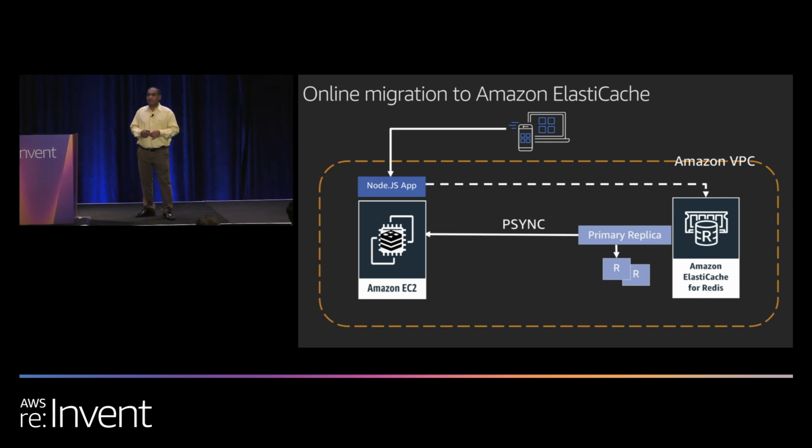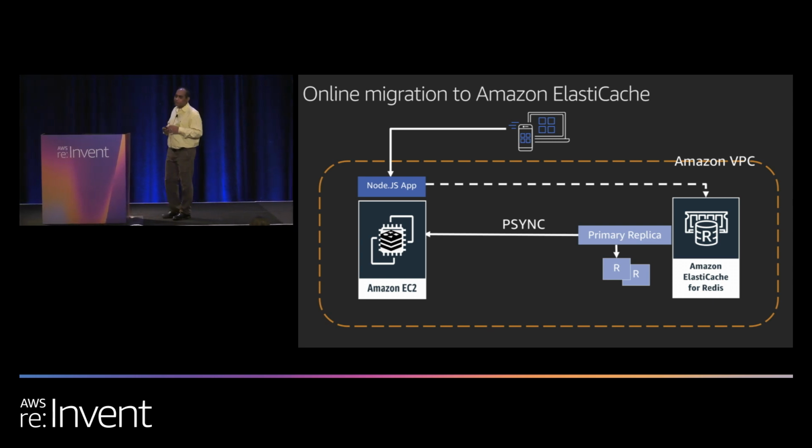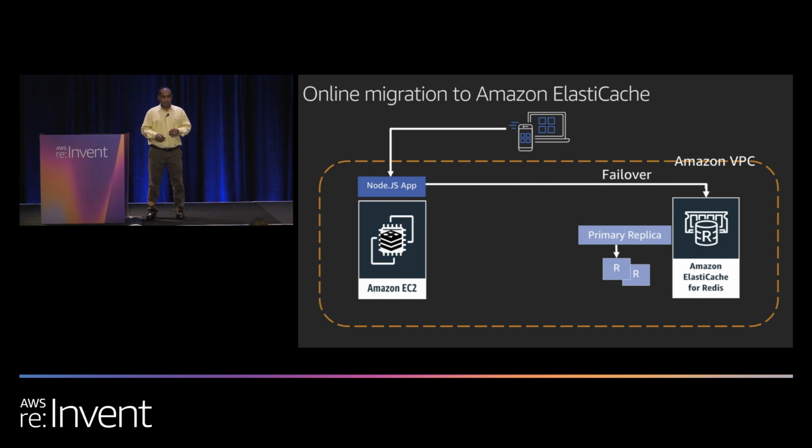The replication lag is the indicator that tells you how much lag you have from your master to the replica. Typically, on ElastiCache it's 0, meaning your lag is nothing. So you look at that data on your primary replica, and then you make the decision to fail over.